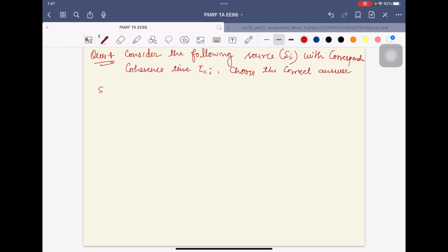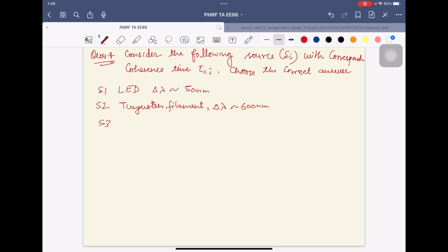The source 1 is given LED, which is delta lambda is somewhat 50 nanometer. Okay, source 2 is given tungsten filament, and spectral width is around 600 nanometer.